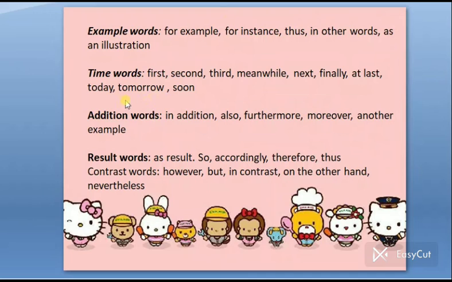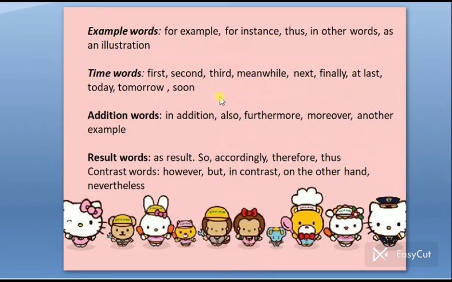Next, the time words. These are the keywords used in time words: first, second, third, meanwhile, next, finally, at last, today, tomorrow, and soon. Usually we can find these terms in narration, chronological patterns, directions, and whatever events or examples are presented in a time sequence. So it falls under sequencing.